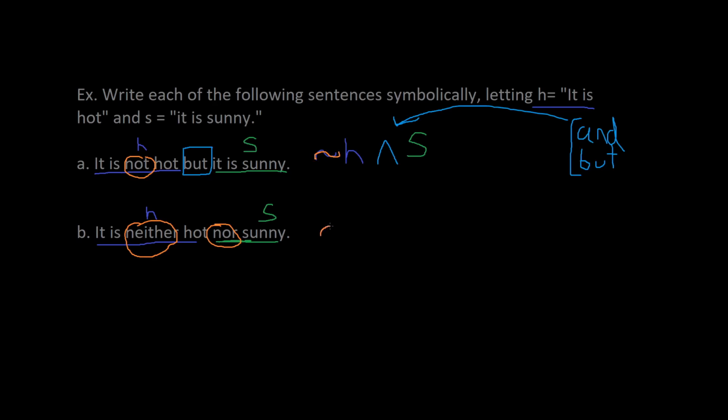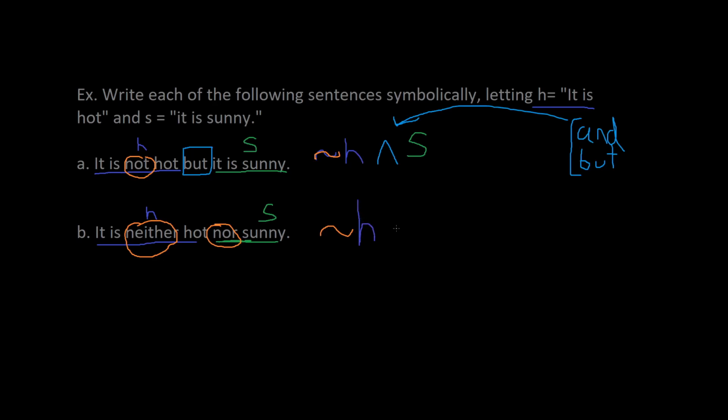We're going to start off with the "is not," because that's what we learned earlier: the "is not," or the negation, always goes first. What happens if we read it? "It is hot neither sunny nor." That would not make any sense grammatically, and that's why we always have it first.